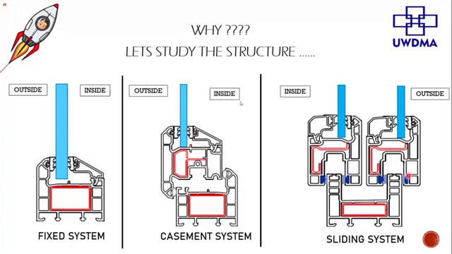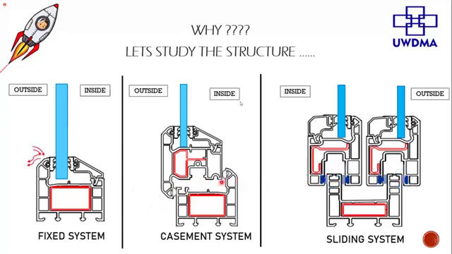And here we have a two-track system with your panels. Here we have gaskets sealing our fixed window. Especially in the casement system, we have two gaskets between your sash and the frame. And here we have wool pile.